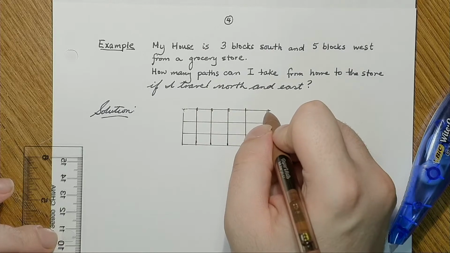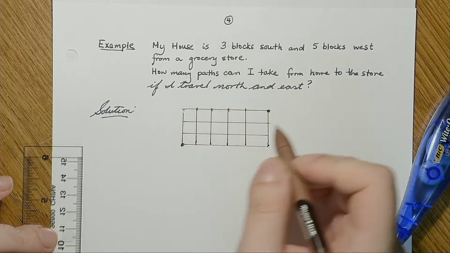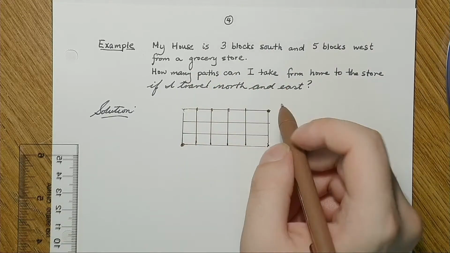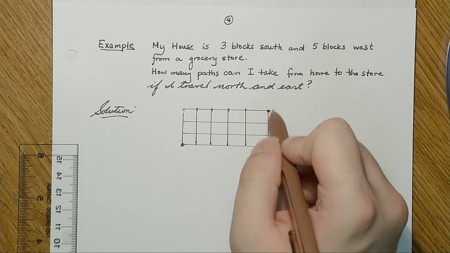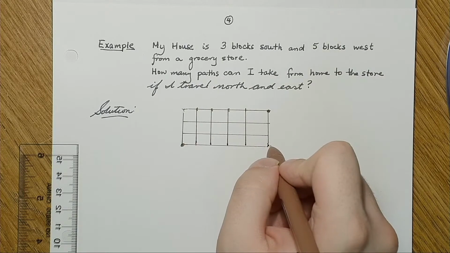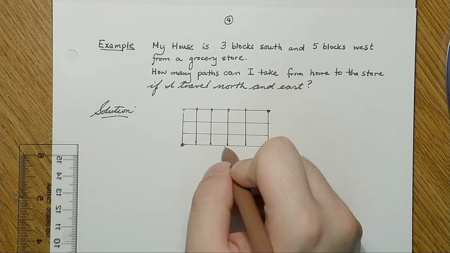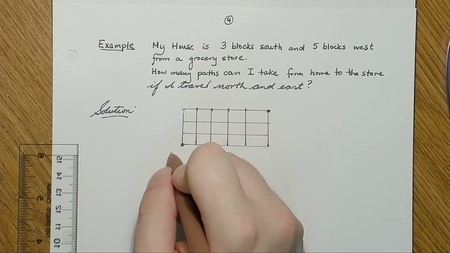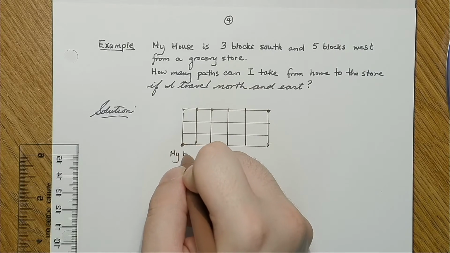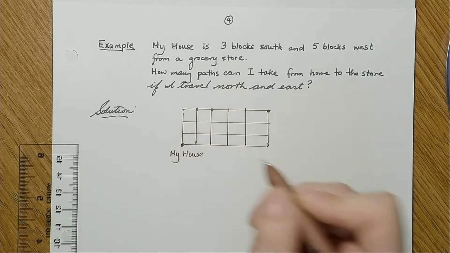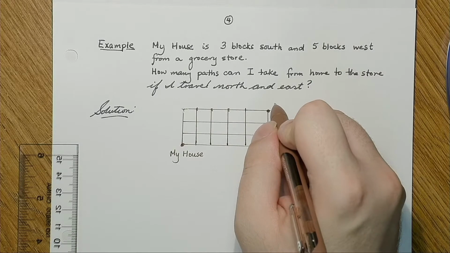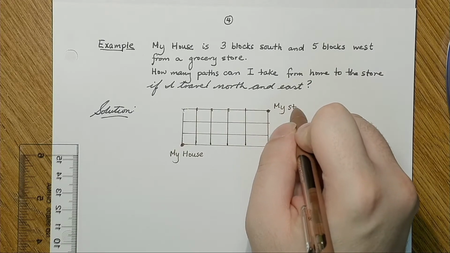Okay, so my house would be 3 blocks south, 1, 2, 3, so that's going down, and 5 blocks west, 1, 2, 3, 4, 5. So there's my home. And over here is my house, or sorry, my store that I go to.